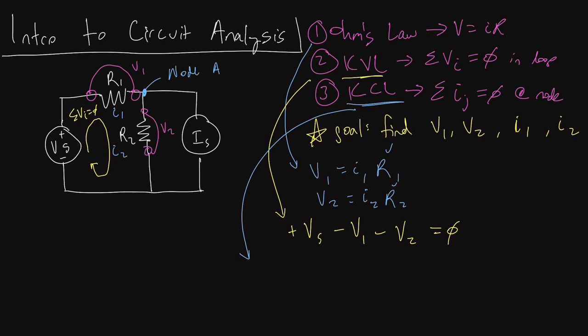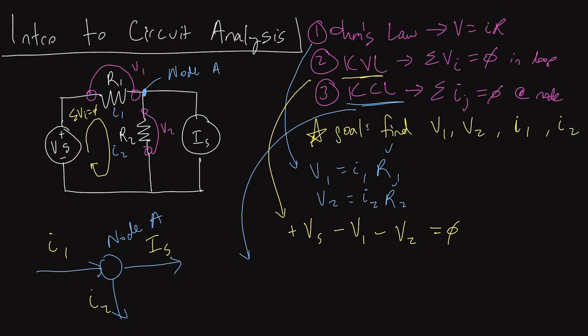If we were to zoom in on node A, essentially what we have is a stream coming in, and that stream is I1, the current flowing through resistor 1. Then we've got a stream exiting, which is I2, the current flowing through resistor 2, and finally we've got this other current here, and that is I sub S.